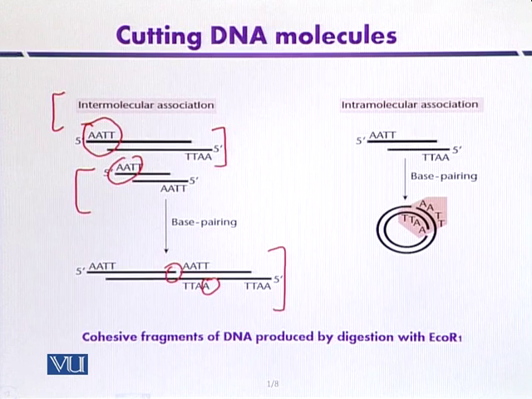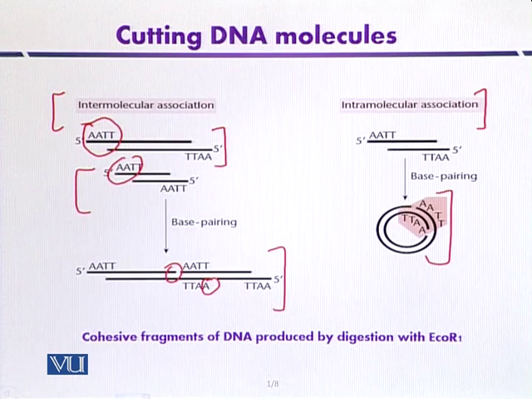Now, sometimes molecules can join after fragmentation by EcoR1. So this is another example, intramolecular association. Suppose we have cut a DNA, like the vector, with EcoR1. Two fragments may be there, and sometimes they can reassociate in the absence of foreign DNA.